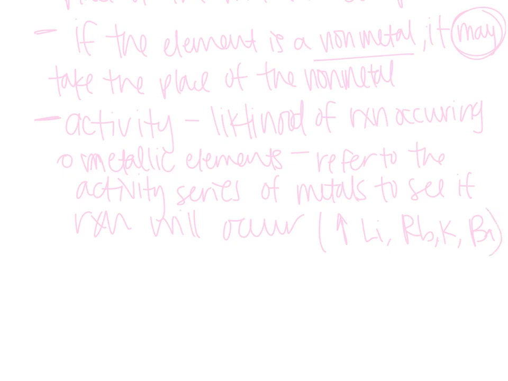These are metals that will be more likely to form reactions because they have a high activity rate. So there's a big long list on page 272 in your book. You can go look at that. It will be helpful for you to look at that. But definitely memorize a couple of these because they are important to know.